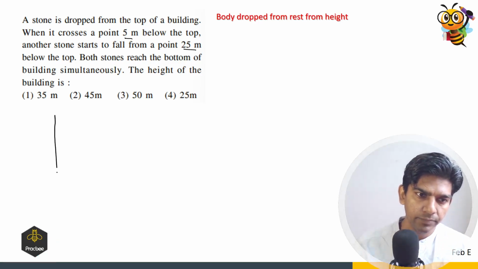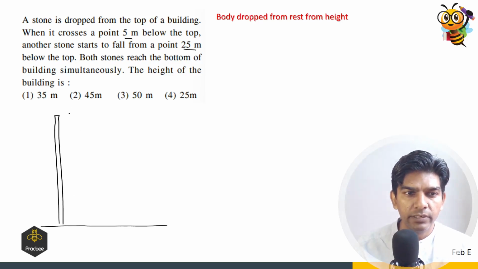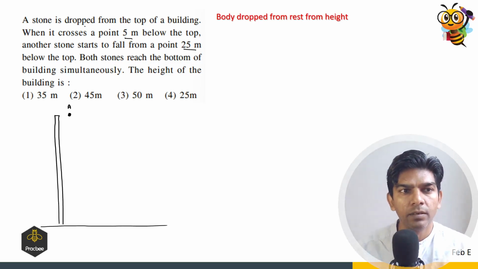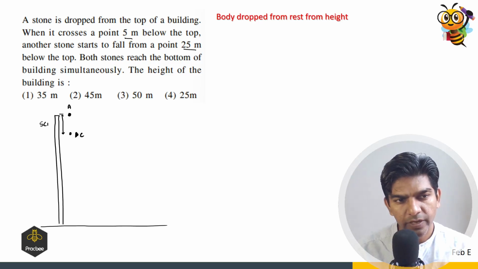So this is the building, and we are releasing, this is the first stone, and when it passes this particular point B, let me call this point as C, right? 5 meters below the topmost point.